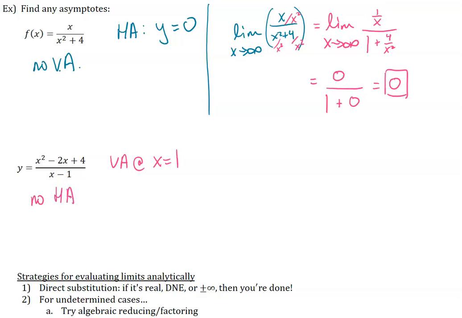All right, and again, I'll show you how to do this with limits. So, limit as x approaches infinity of x squared minus 2x plus 4 over x minus 1.